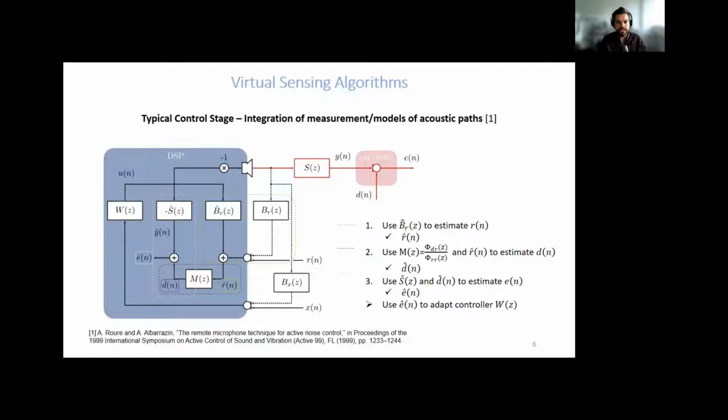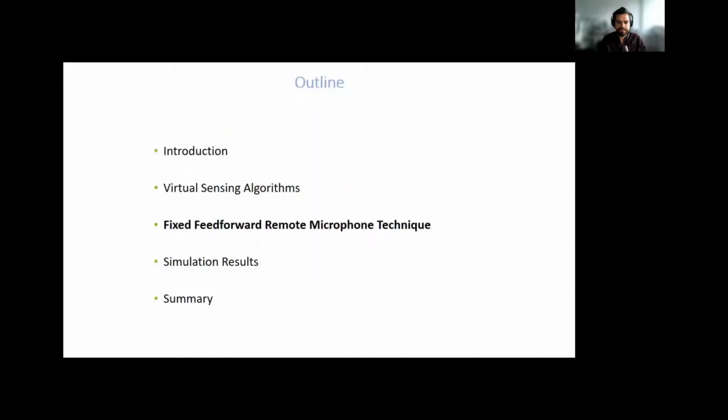Third, using the estimated signal d̂(n) and the secondary path S, an approximation of the sound pressure at the eardrum, e(n), is done. The estimated signal ê(n) is then used to adapt the controller W, for instance, with the FxLMS adaptation algorithm.